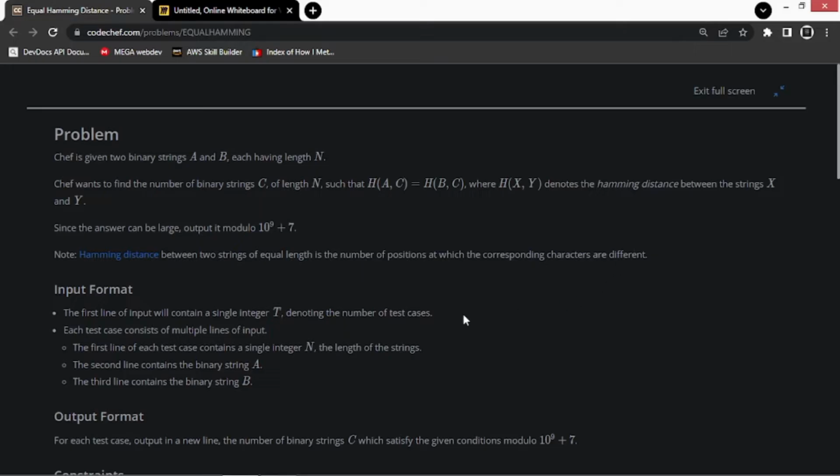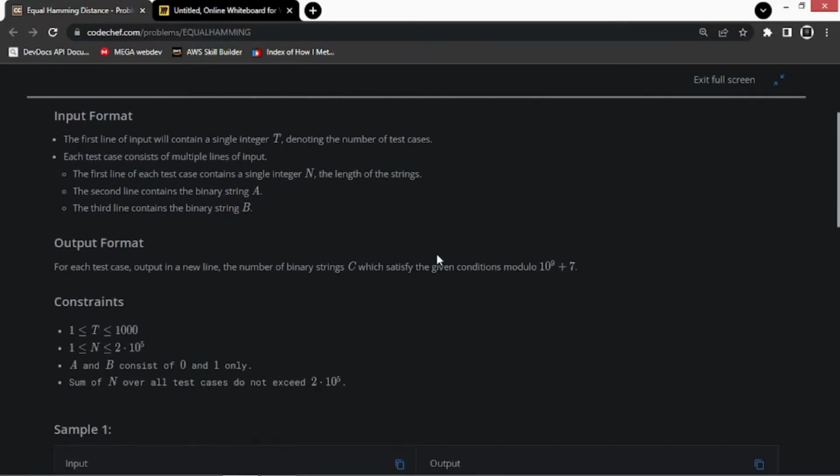Now we are given two strings A and B, and we need to find the number of binary strings C such that HAC is equal to HBC. Let's see a test case.